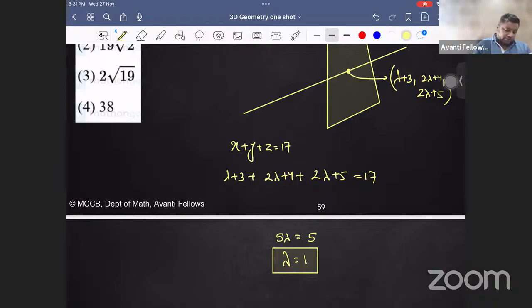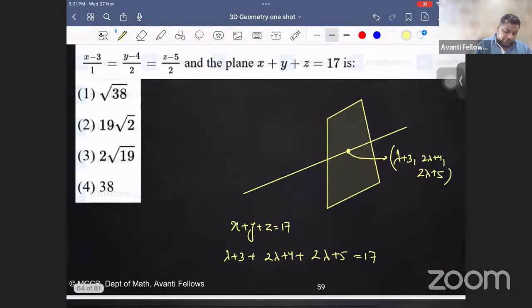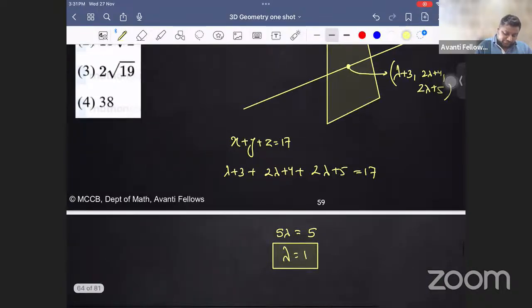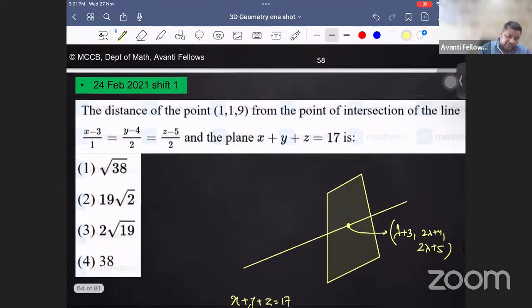Clear? So once you got the value of lambda, what is the point? Lambda plus 3 is 4, 2 lambda plus 4 is 6, and 2 lambda plus 5 is 7. Now you apply the distance formula and get the distance between this point and 1, 1, 9.